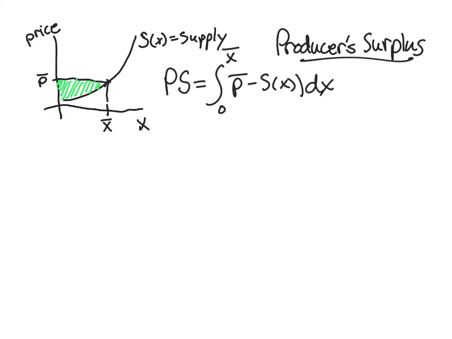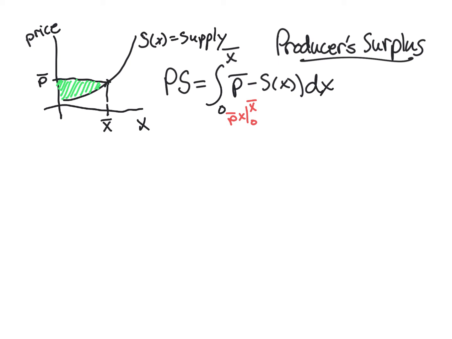And it's just the area between the two curves. And like last time, if you split these integrals into two pieces, here you're just integrating P bar with respect to X, and you're going to get P bar X evaluated from 0 to X bar, which is just going to be P bar X bar.